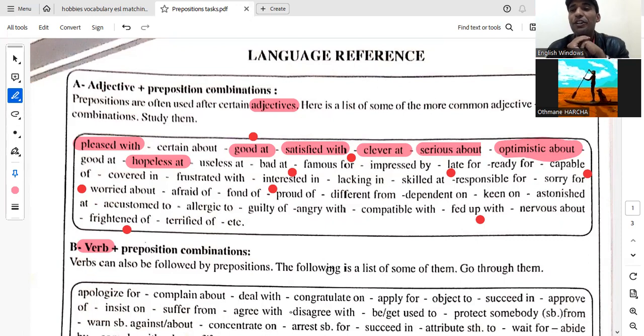It comes from the word hope. This adjective is derived from the word hope. What does hope mean? Hope is a wish.